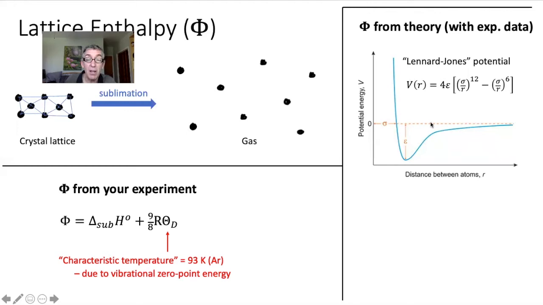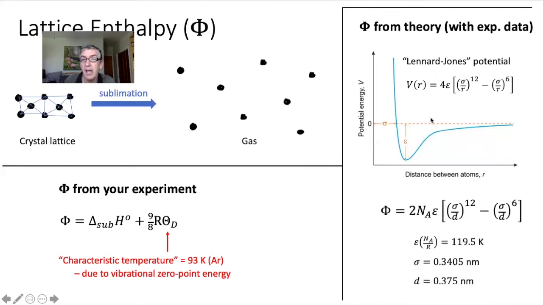Well, argon has been parameterized with a Lennard-Jones potential. And so from that, we can derive a theoretical value for the lattice energy. It's theoretical because it's based on this model equation, but we use experimental data from various sources, including things like the non-ideality of gases that can be measured.